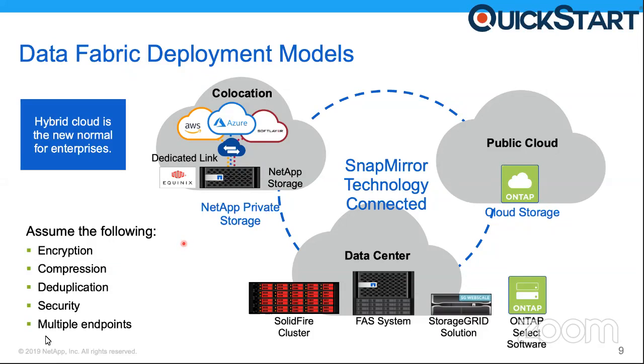The easier, the better. So we're going to make some assumptions right here. Notice that we need to provide encryption, compression, deduplication, security, and of course, we have the ability to have multiple endpoints.